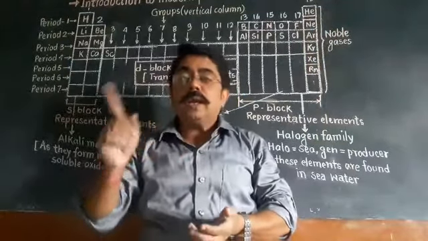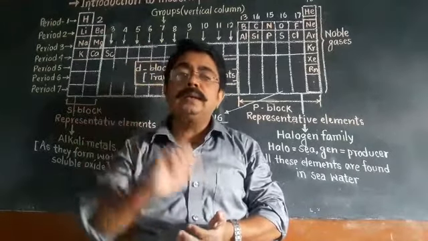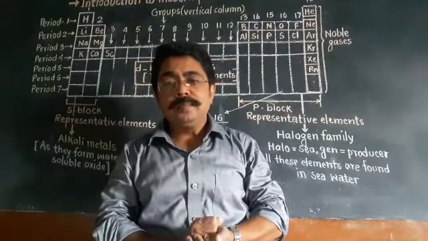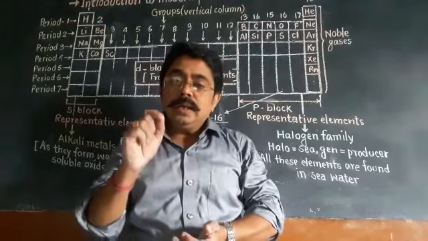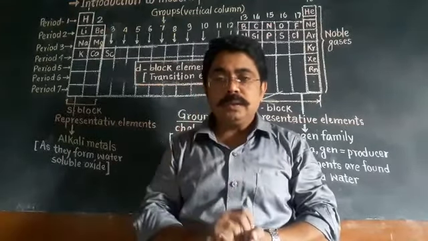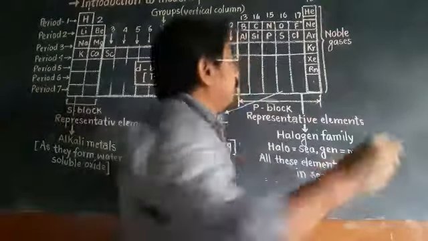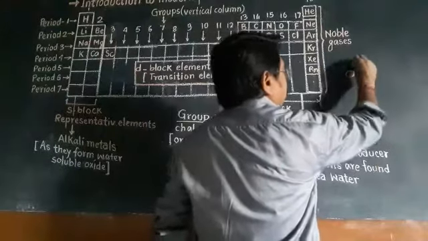Clear? Come to second shell. In second shell, how many electrons are possible? In second shell, there will be 2 orbitals, 2s and 2p. See, suppose this is nucleus, this is first shell.